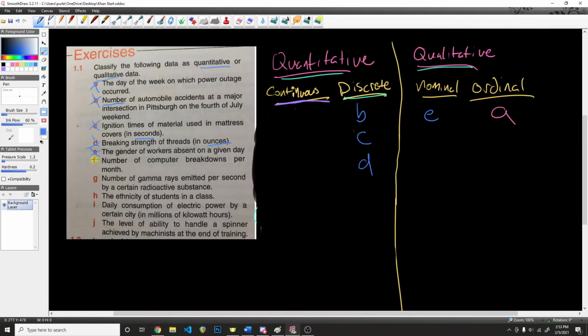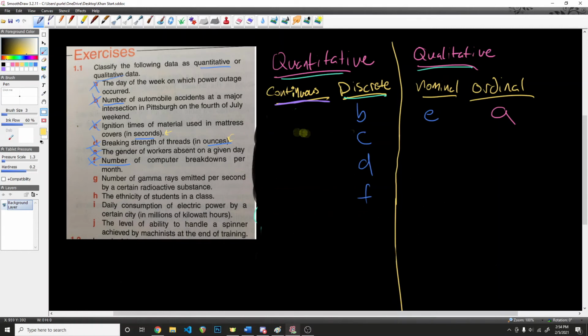Now, this one is the number of computer breakdowns per month. This is, again, going to be quantitative because number is a giveaway right there. And it's definitely going to be discrete because you don't have half a computer breakdown or a quarter of a computer breakdown. So I'm going to go with F. And let me just say, I think it would be fair, for seconds and ounces, again, these are somewhat subjective.